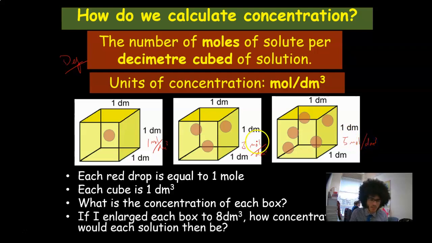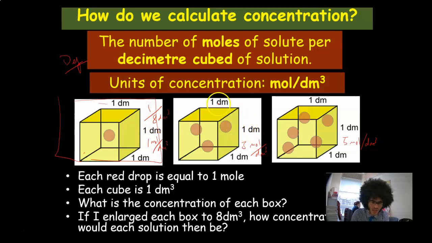But what would happen if I made the box a lot bigger? So let's say instead of making it 1 decimeter cubed, I expanded the overall volume massively, and it was now 8 decimeter cubed. Well, this one blob here would take up the same amount of space, but in a much bigger volume. Therefore, my concentration in this box would be 1 mole in 8 decimeter cubed, so it would be 1/8.